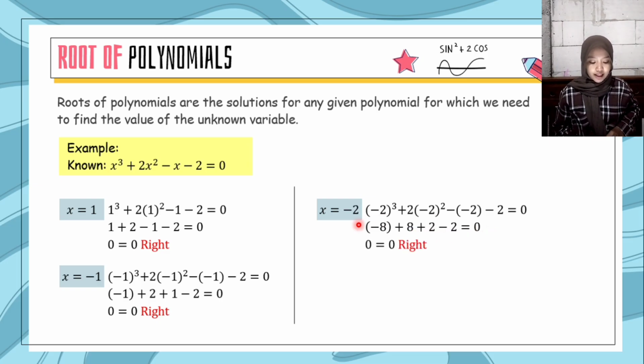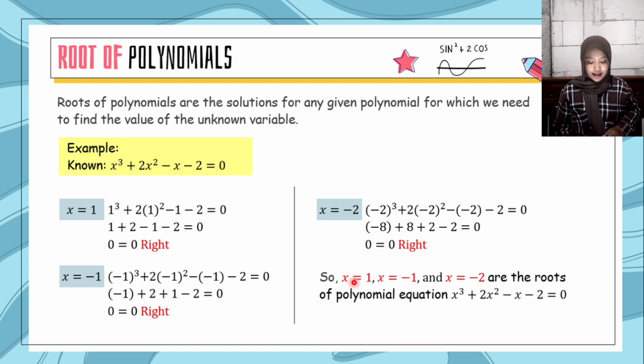So we get 0 equals 0. So, x equal 1, x equal minus 1, and x equal minus 2 are the roots of the polynomial equation x cubed plus 2x squared minus x minus 2 equals 0.